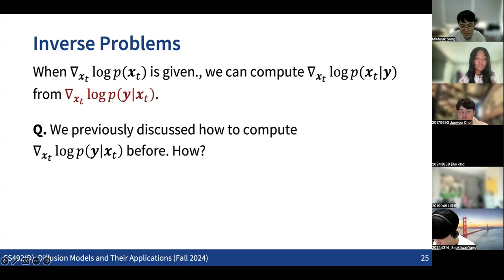If you did assignment 2, then you should know this. Yeah, it's classifier guidance and classifier-free guidance, right?